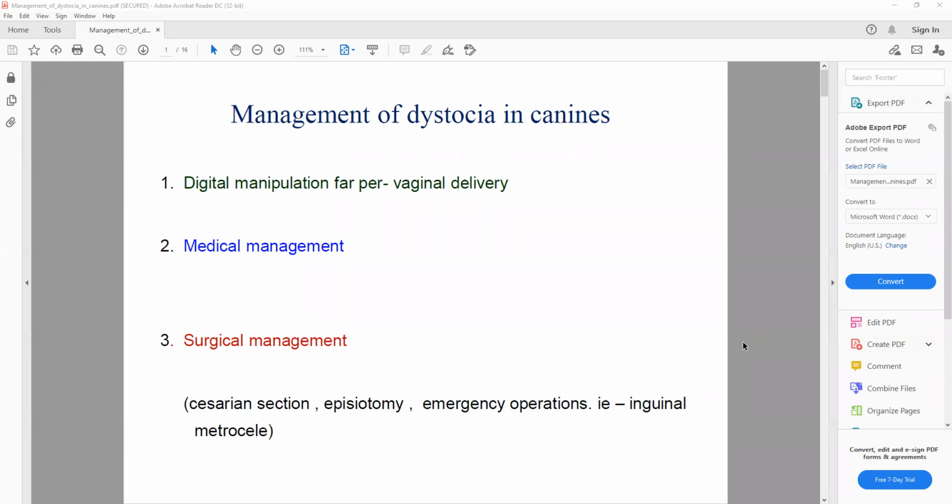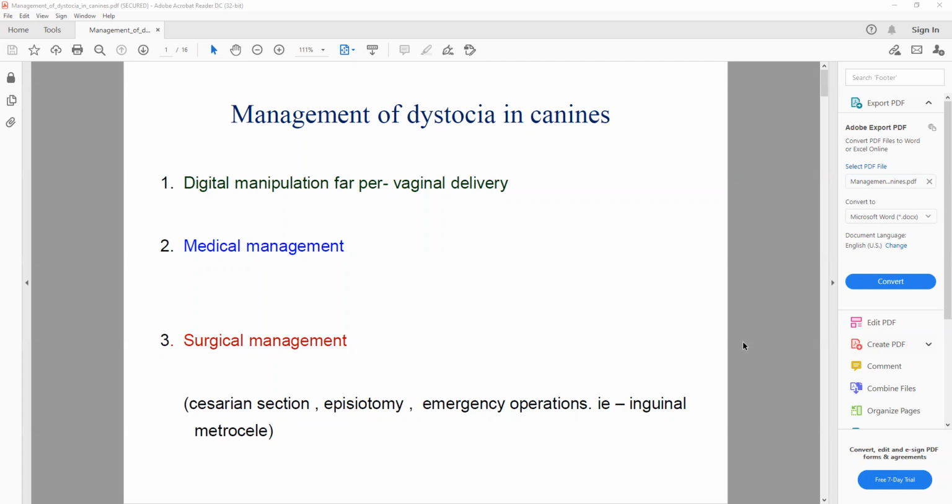If we understand dystocia in canines and its management, it will be easy for you to handle these cases, and the owners will also benefit. So keeping this in mind, I tried to prepare something about management of dystocia in canines.